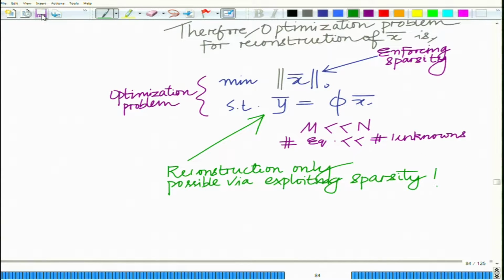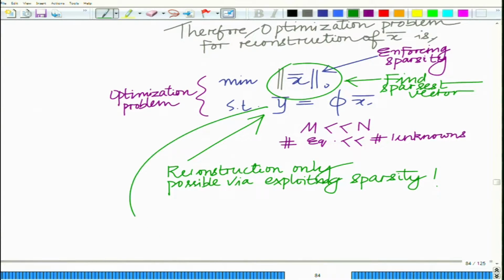So, what does this mean? You are enforcing sparsity, which means you are finding the sparsest vector which satisfies the observation model. That is what this optimization problem is.